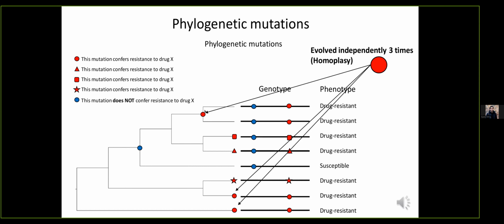In biology, homoplasy is when we observe the same trait, which can be a mutation but can be other things, that evolved independently. For another example, so maybe you can understand this better, there are the wings of insects, the wings of bats, which are mammals, and the wings of birds.